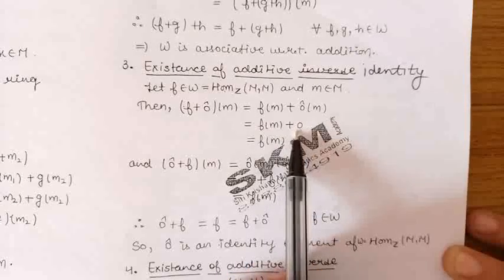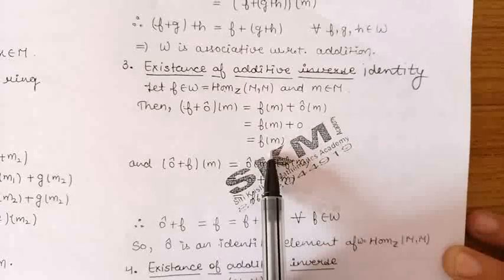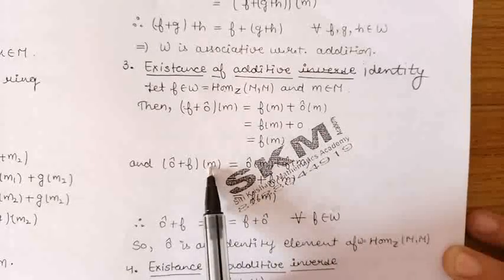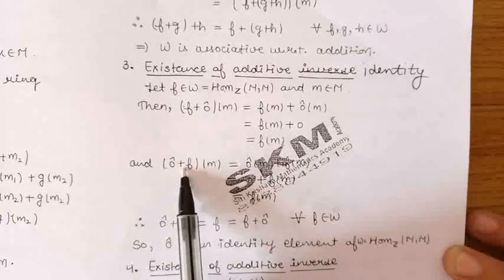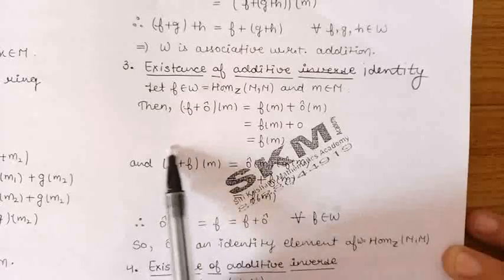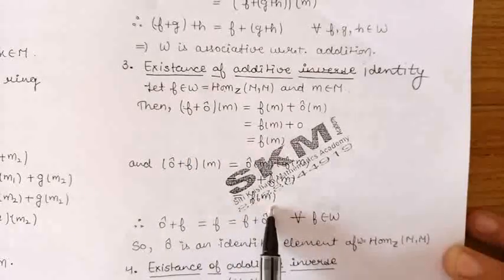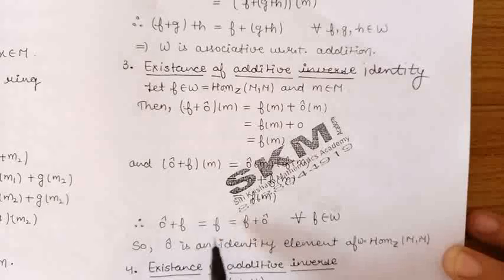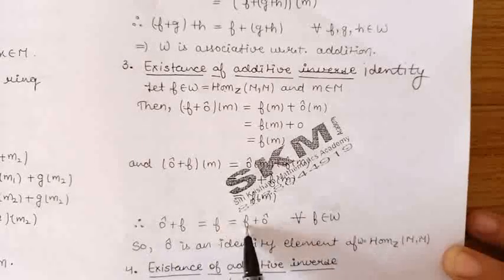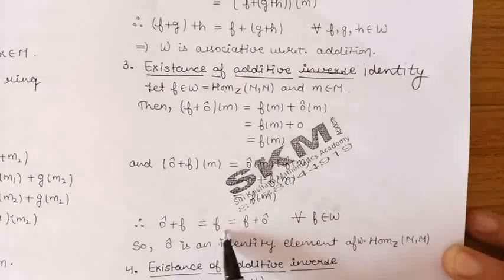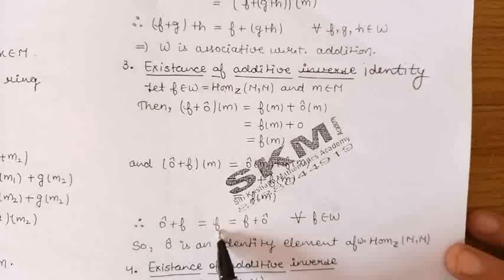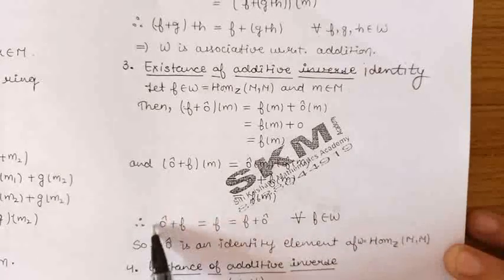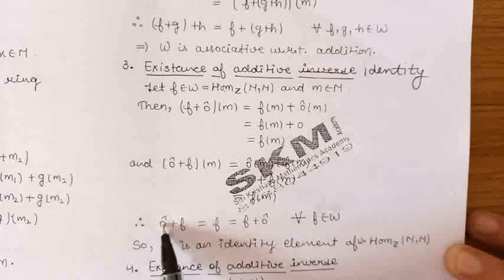So that will be again F of M. And similarly we can find the image of M under 0 mapping plus F. And we can see that this is again F of M. So by definition we have proved 0 mapping plus F is same as F, or F added to 0 mapping again gives F. So by definition we can say that this 0 mapping is the identity element of W.